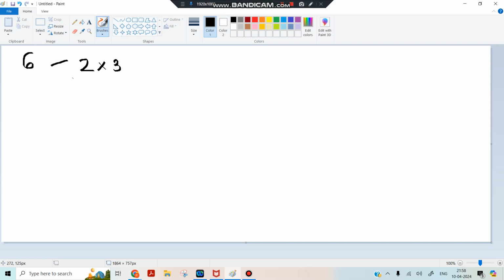So whenever you have to test the divisibility of 6, step 1, check if it is an even number or an odd number. If it is an even number, then you go to step 2 and check the divisibility test of 3.